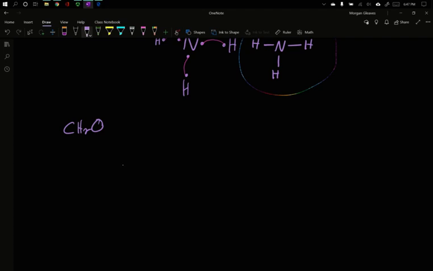What is formaldehyde though? Well, it's got a carbon in the middle and the other things are attached. So carbon is our center atom. We put the electrons we expect for carbon's valence. And then we say, all right, well, I'm going to have a hydrogen. So that's going to be there. I'm going to have a hydrogen. That's going to be there. And I'm going to have an oxygen.